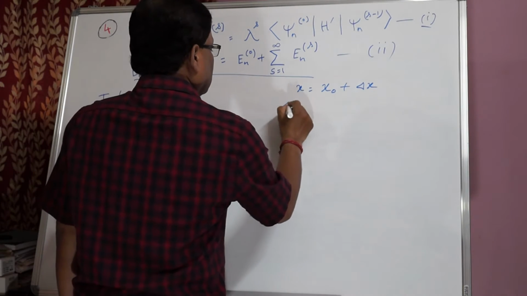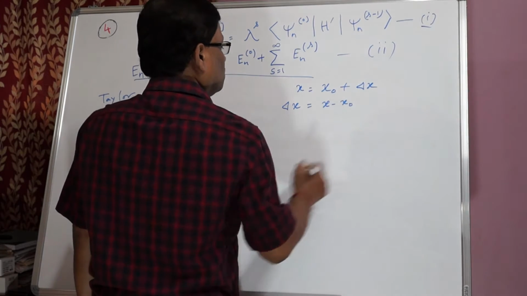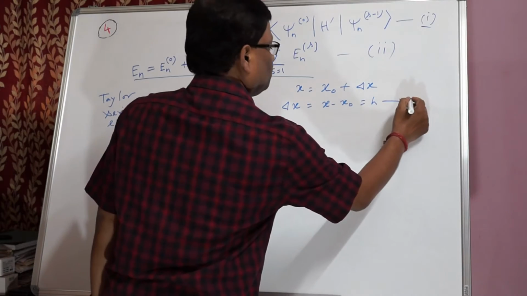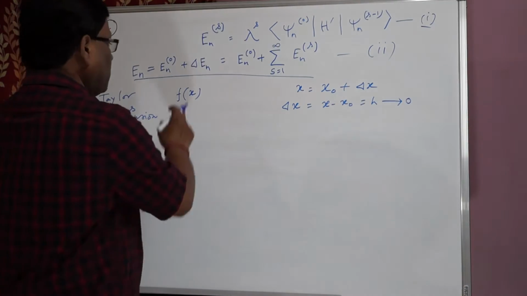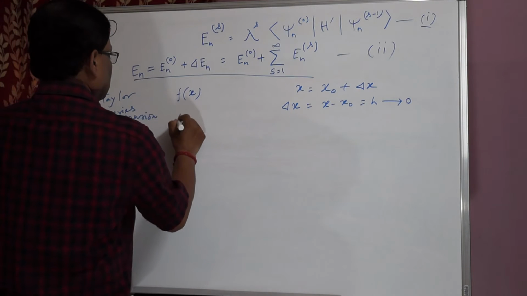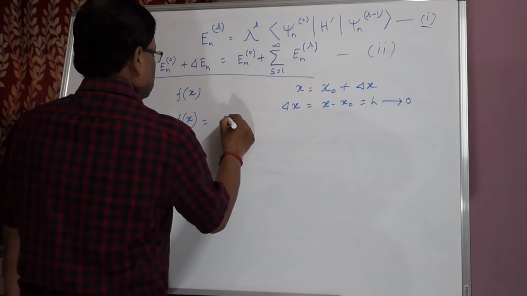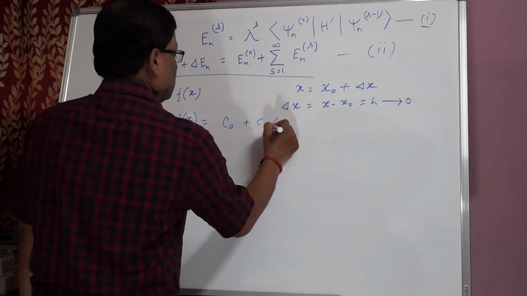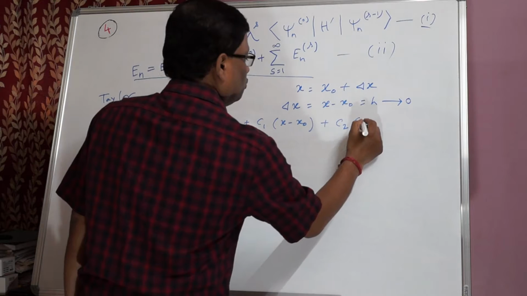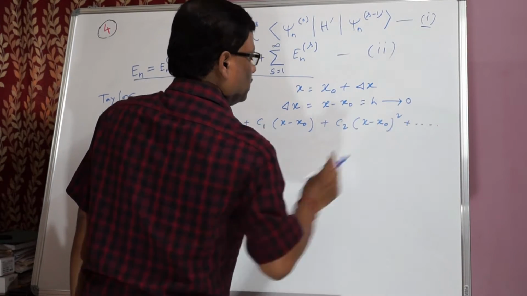Now delta x is equal to x minus x0, which is h. When h tends to 0, then we can expand f(x) around the point x0 like this: C0 plus C1 (x minus x0) plus C2 (x minus x0) squared, like this one.